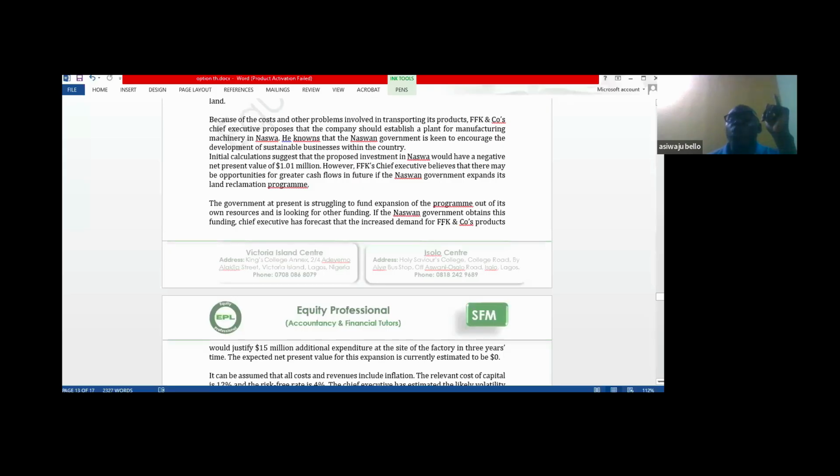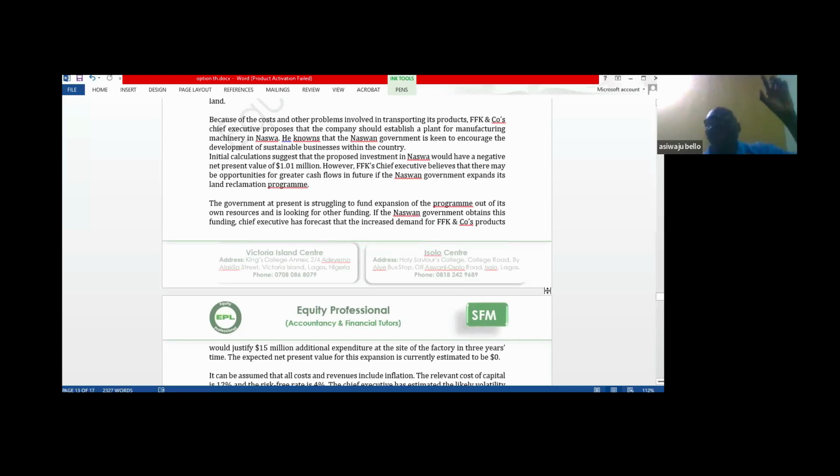If the Naswan government obtains this funding, the Chief Executive has forecast that the increased demand for FFK and co-products will justify 15 million additional expenditure at the site of the factory in 3 years' time.